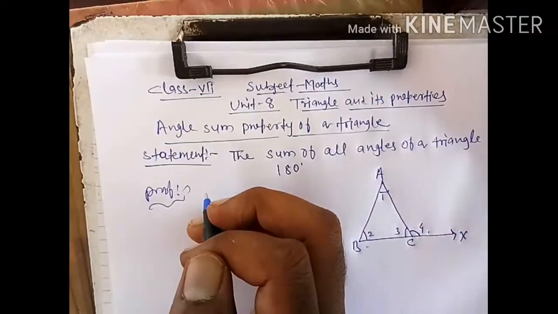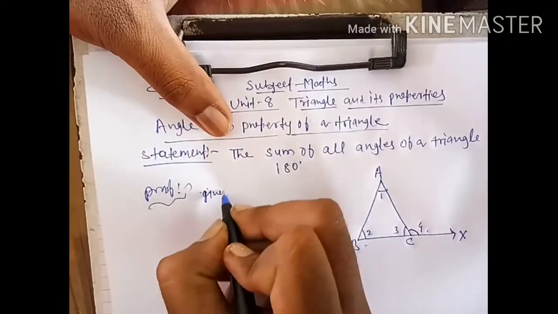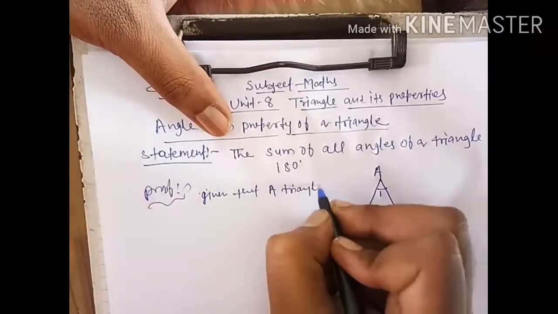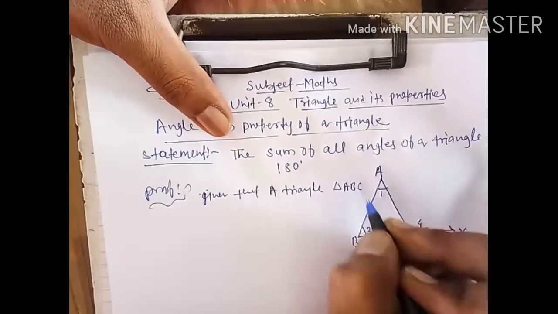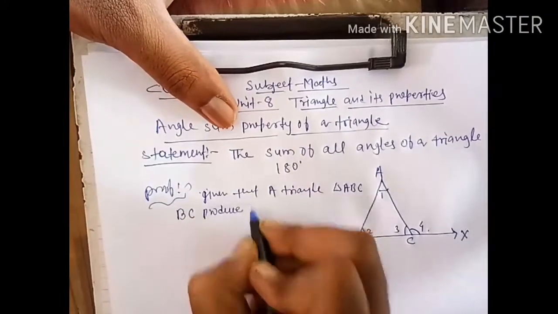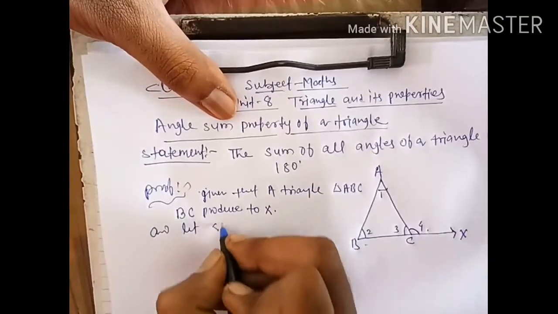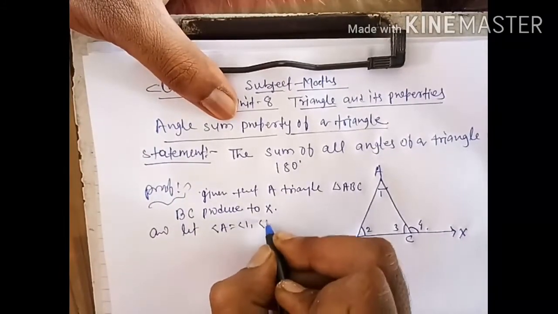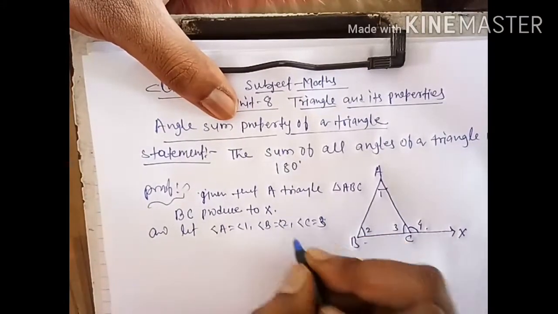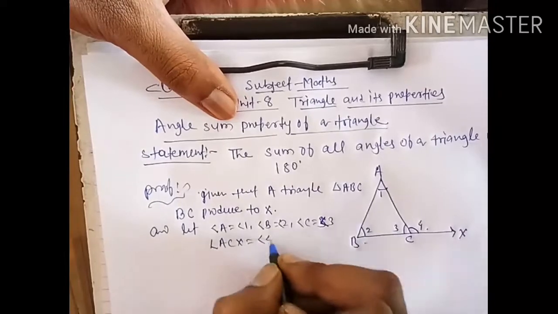Here given that a triangle ABC, BC produced to X, and let angle A is equal to angle 1, angle B is equal to angle 2, angle C is equal to angle 3, and angle ACX is equal to angle 4.